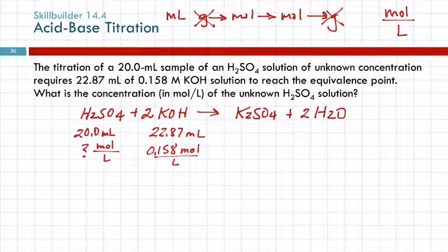So here I have a volume in milliliters, and so I'm going to convert that to liters. Before I start, it's 10 to the minus third, and 1 down there. Sorry, 0.02287 milliliters. Sorry, good grief, liters.